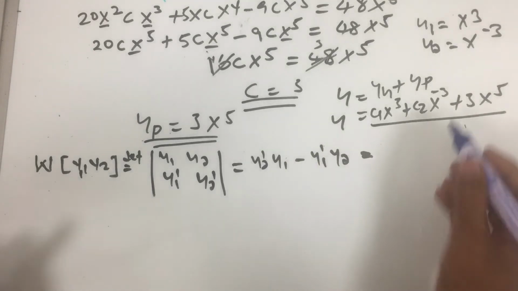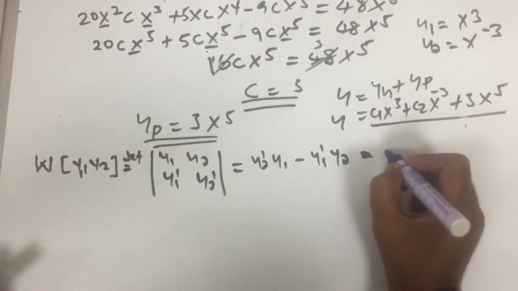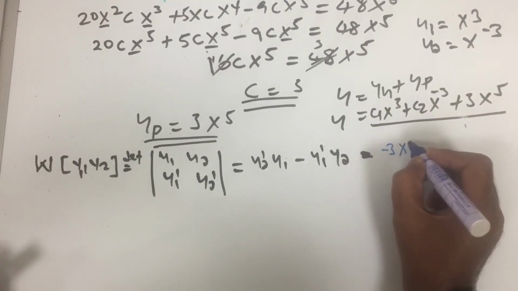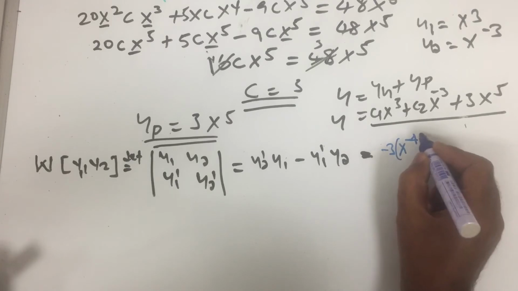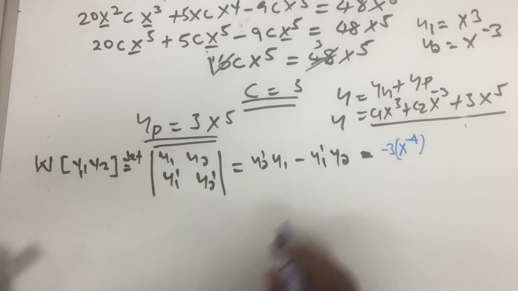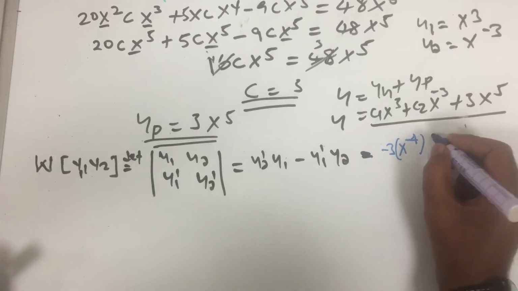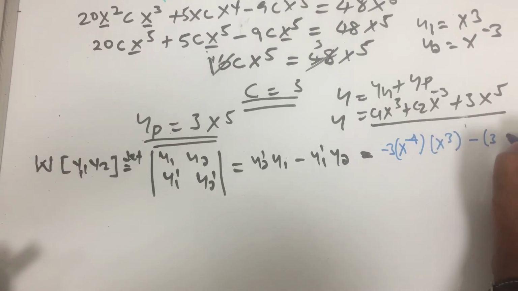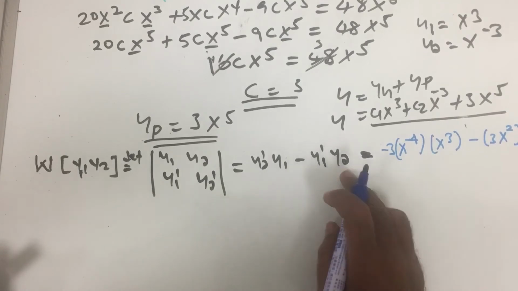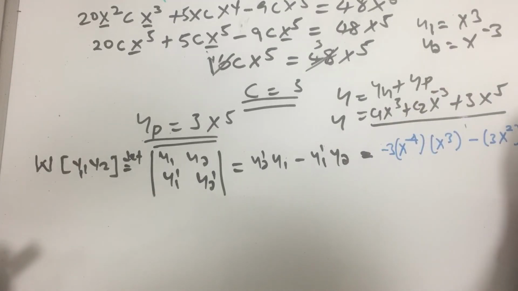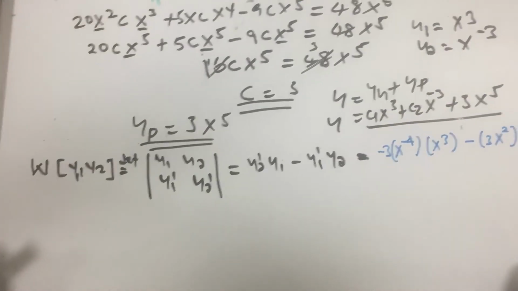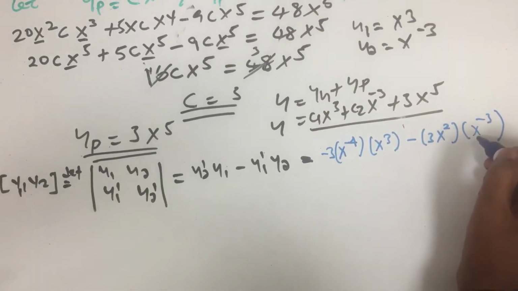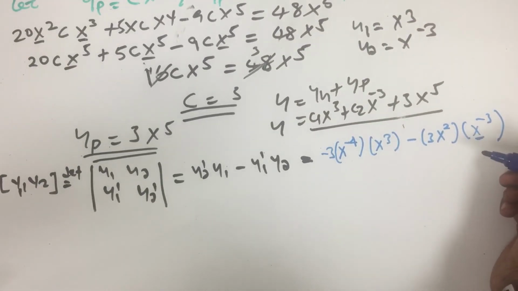We have y2, so its derivative will be minus 3 x to the power of minus 4, times y1, which is x to the power of 3, minus y1 derivative, which is 3 x squared, times y2, which is x to the power of minus 3.